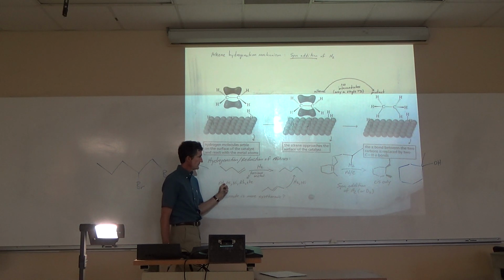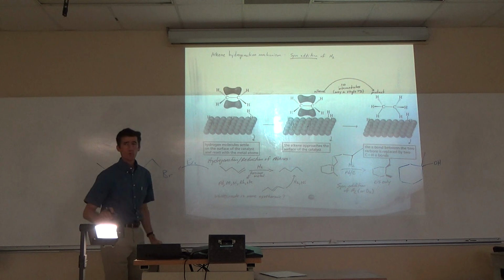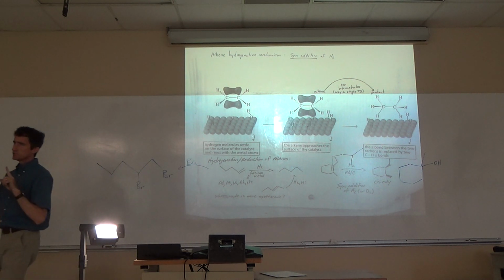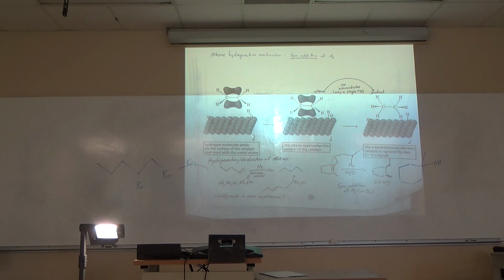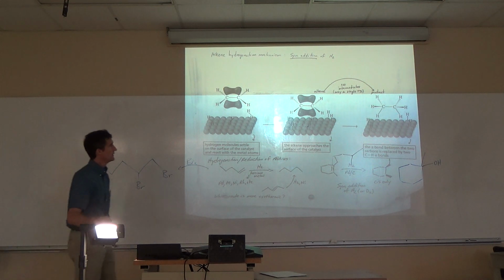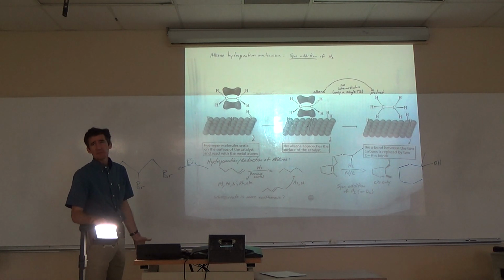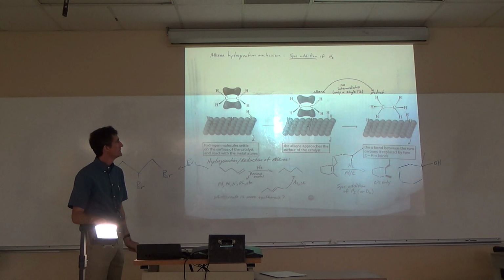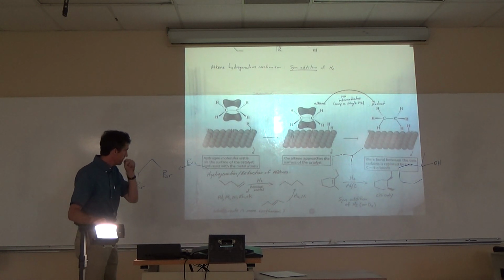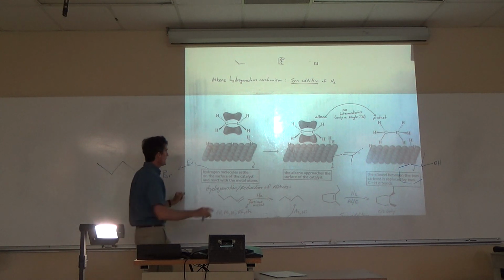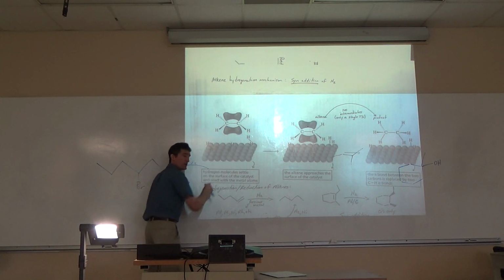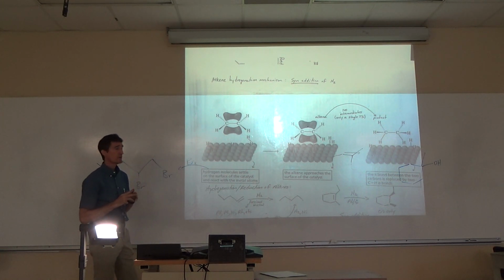Mechanism for this, we're not going to look at a true arrow-moving mechanism, because there may not be one. What is the mechanism? These balls are meant to be the metal surface of the metal catalyst.